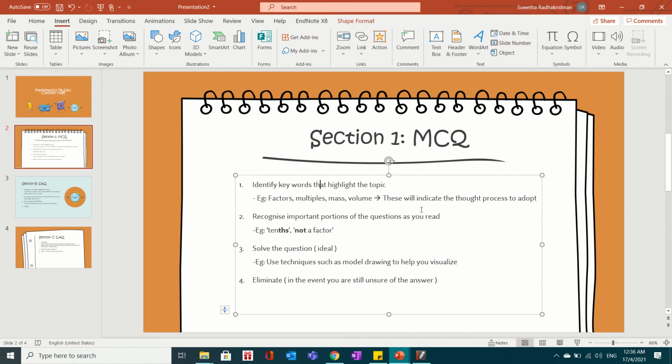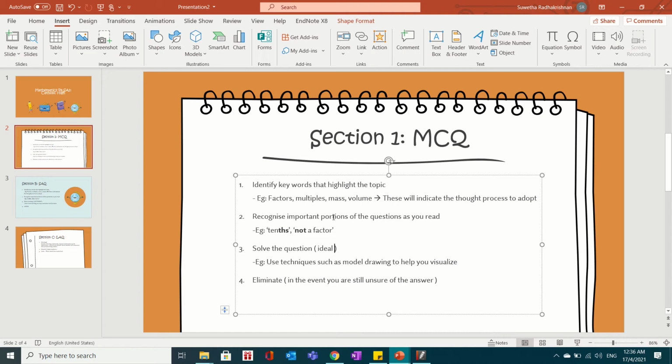So people tend to neglect a lot of the important portions in the question. For simple things like "not a factor", people may assume the question is asking for a factor, but it's asking for the answer that is not a factor. All of these are important portions of the questions that you should specifically take note of.